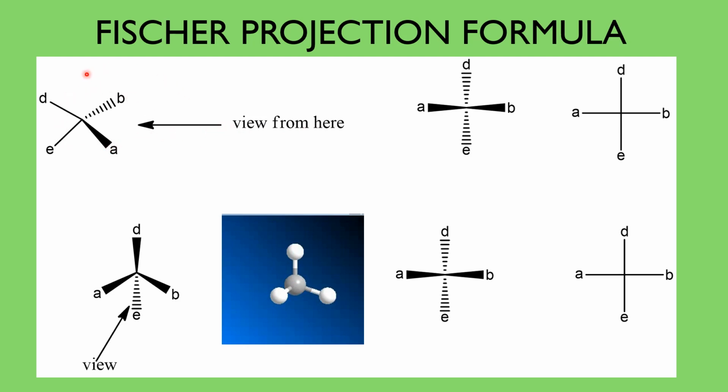I am trying to convert it into flying wedge formula. When I view the molecule from here, these two bonds are going away from me, and these two are coming towards me. So these two bonds which are coming towards me, I have to keep in the horizontal line. A is at the left hand side of me and B is at my right side. And that is what I have shown here.